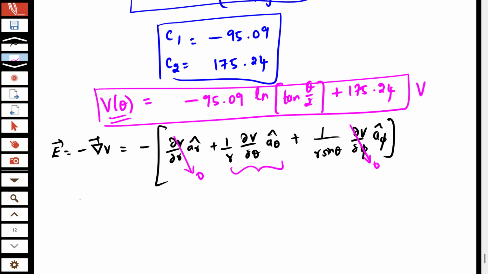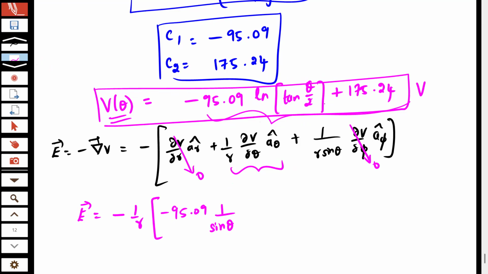So doing that differentiation, we'll be getting E as minus 1 by R, differentiating this with respect to theta. So the constant minus 95.09 will be there as it is. Differentiation of logarithm tan theta by 2 will be 1 by sine theta, which we have already discussed.